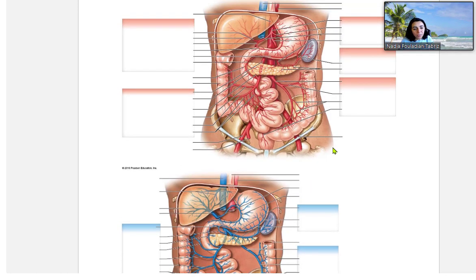Portal system refers to any system that, in spite of the usual way that we have artery, smaller artery, capillary, then a small vein and the big vein, portal system is a system that doesn't have only one set of capillary. It has 2 sets of the capillary and one type of the vessel that might be artery or vein connecting these 2 sets of the capillary or capillary beds to each other, right?